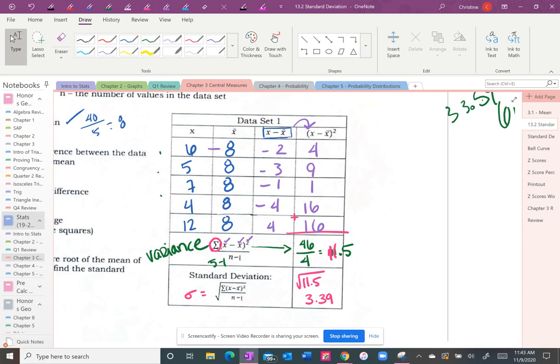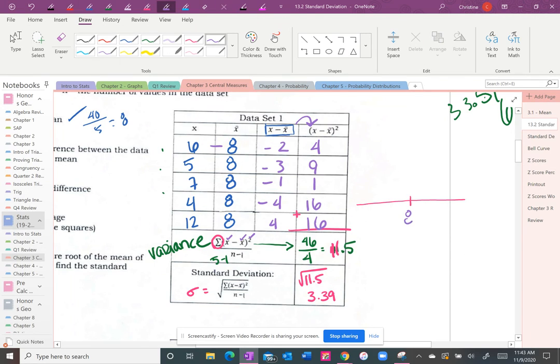What this tells me is that if I was going to make this curve, and let's not even talk about the percentages, if I was going to set up my graph, the average goes in the middle. Remember, the average of the data was 8. And the standard deviation tells me what the rest of my numbers should be here.